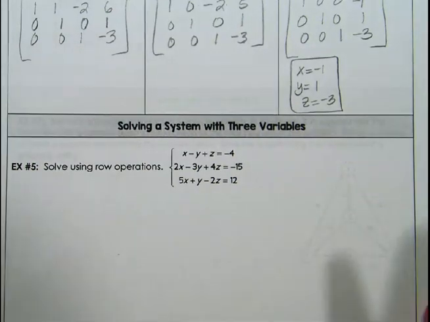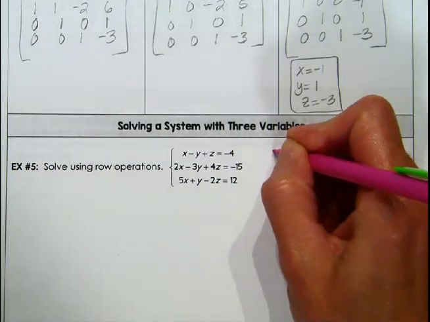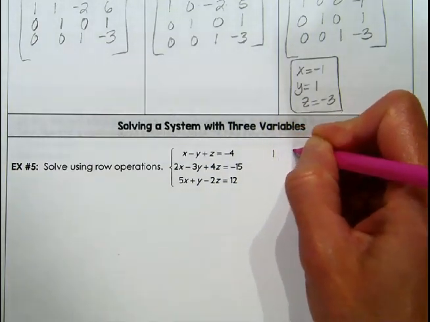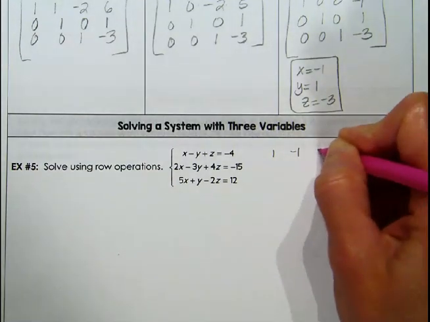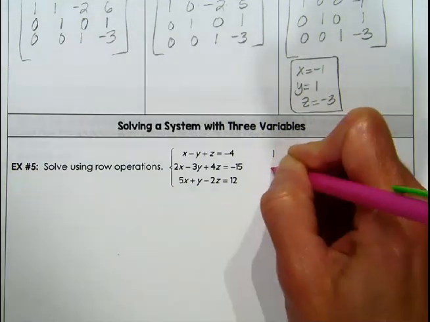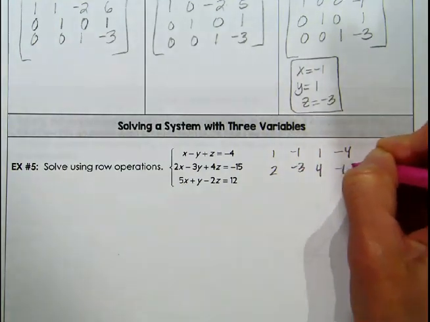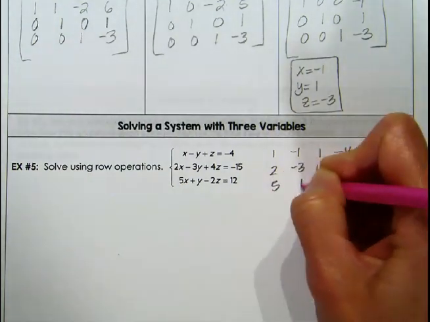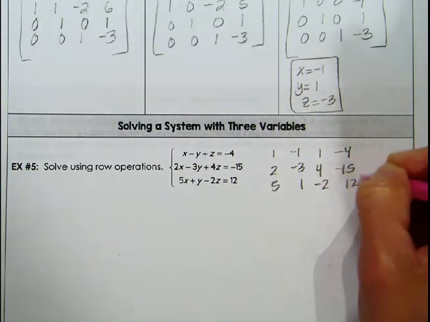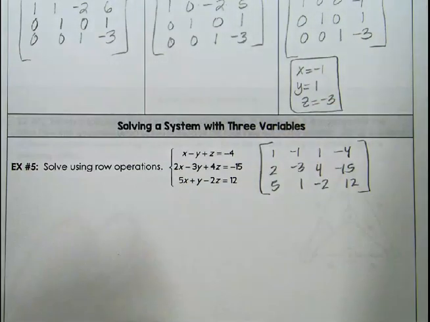So first thing on example 5, we're going to put these in a matrix. So 1, -1, 1, -4, 2, -3, 4, and -15, 5, 1, -2, and 12. Okay, so here's my original one.